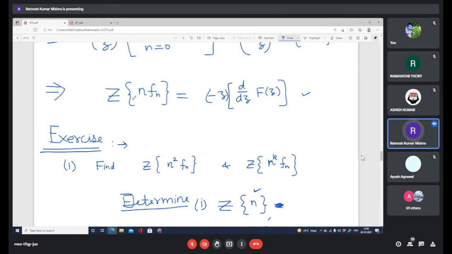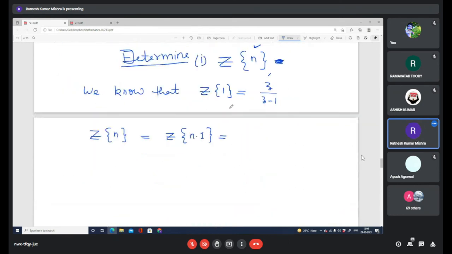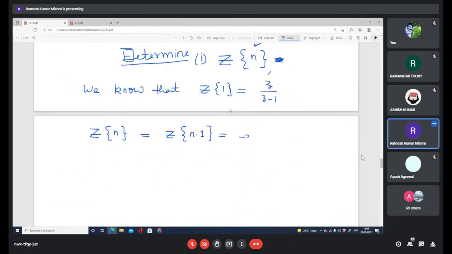This is Z transform of n into Fn. So minus Z d by dz, Z transform of 1, that is F(z), Z by Z minus 1. So after differentiating and multiplying by minus Z, this result is the Z transform of n.